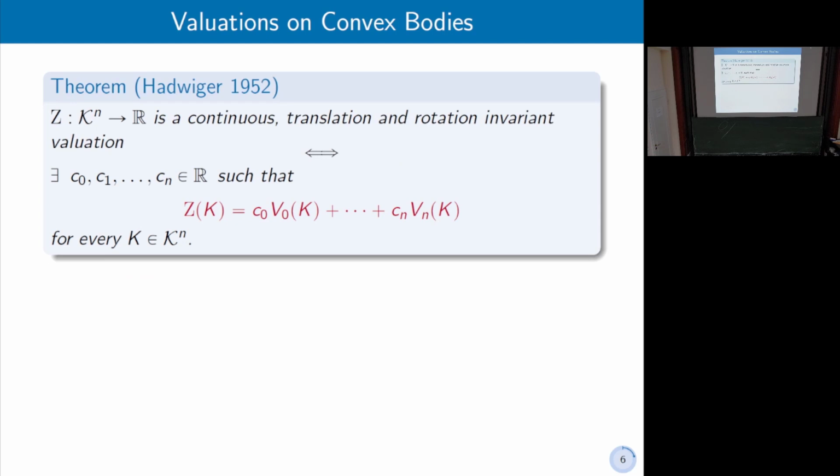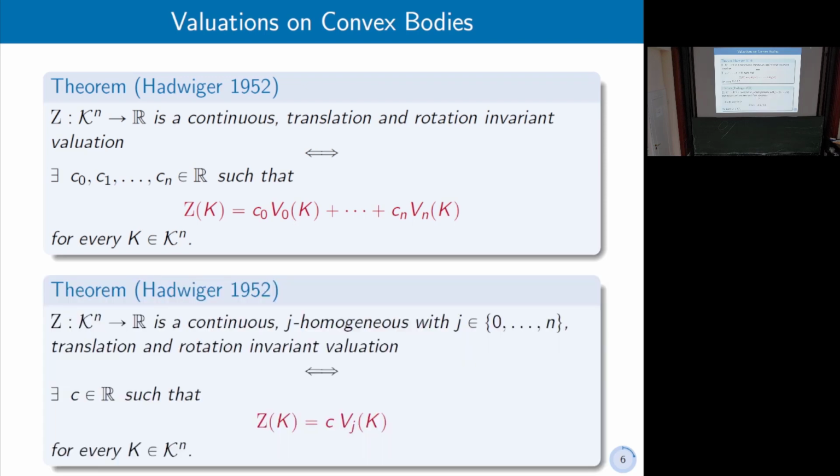And there's a celebrated result by Hadwiger from the 1950s that says that a function on the space of convex bodies that's continuous, translation and rotation invariant, and a valuation, that is the case if and only if it's a linear combination of these intrinsic volumes. So this space is n+1 dimensional, so you just have to find these n+1 constants.